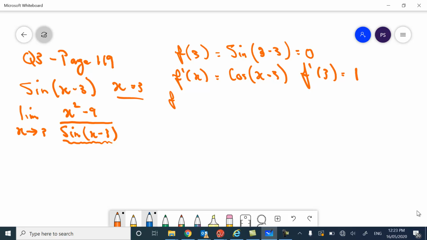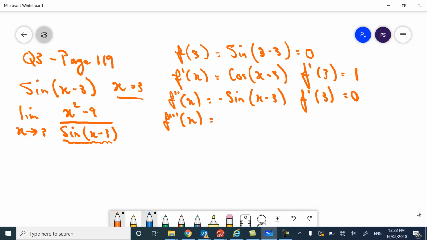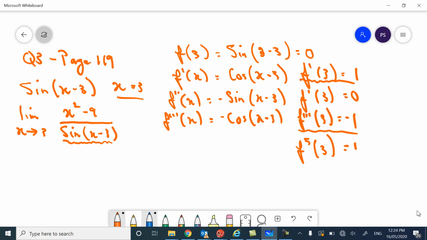Let's do the next one. F double dash x will equal minus sine of x minus 3, and of course f double dash 3 will be equal to 0. F triple dash x will equal minus cos of x minus 3. F triple dash 3 will equal minus 1. And you can probably see here, I've got that one there, that one there. The next time I'm going to get 1 will be f5 of 3, and that will be equal to 1.